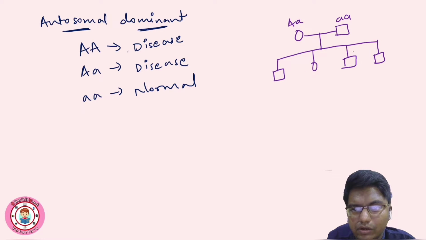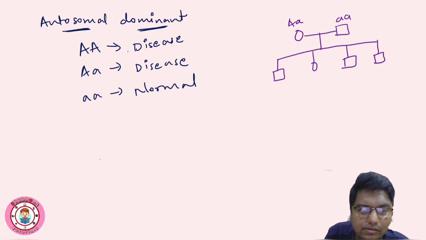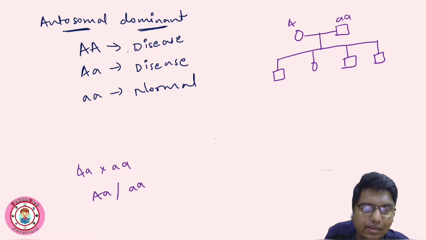Then what alleles we will get? First of all, see, so the crosses, we know that if this is a cross, right, then we will get this and this, right?